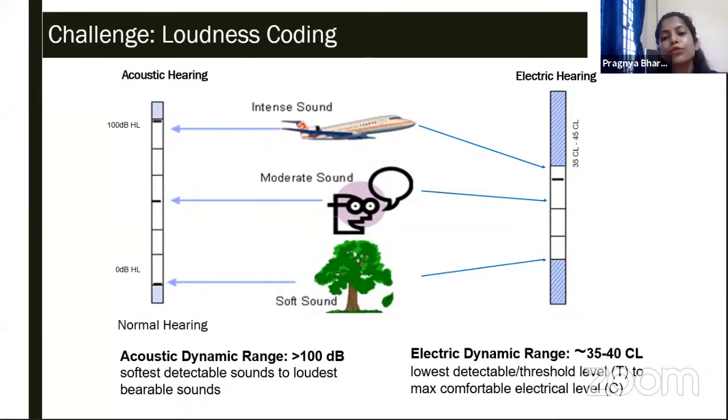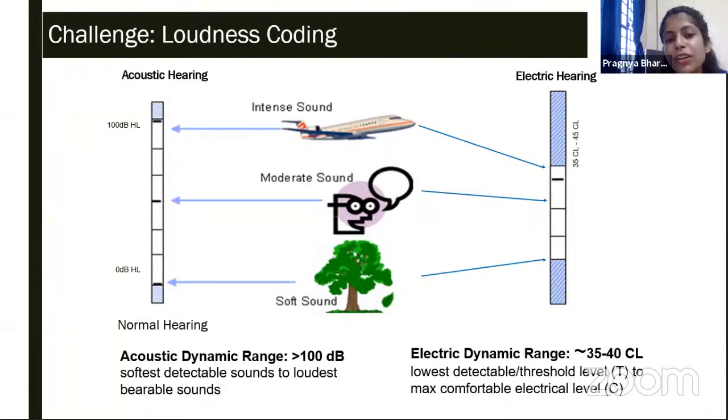But when it comes to electrical stimulation, the electrodes do not have the physiological properties that our outer hair cells have, the electromotility of the outer hair cells, which is able to apply an adaptive compression function to the incoming sounds, and hence the loudness growth function at the level of the neurons is quite fast, and our electrical dynamic range is much more compressed compared to the acoustic dynamic range.